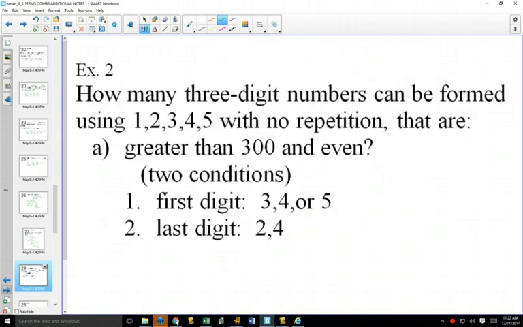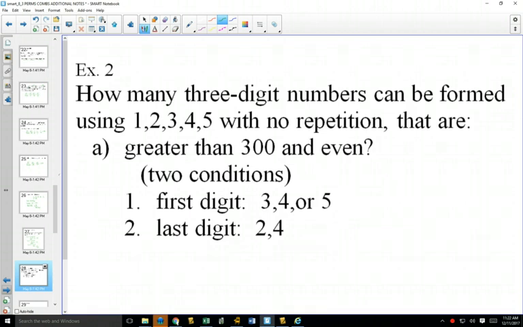Often our cases come up where it's a spaces question with restrictions, which was one of the first things that we did, our fundamental counting principle with restrictions, but the restrictions have an overlap in both of our restrictions. So example here: how many 3-digit numbers, only using 1, 2, 3, 4, 5, have to be greater than 300 and even.